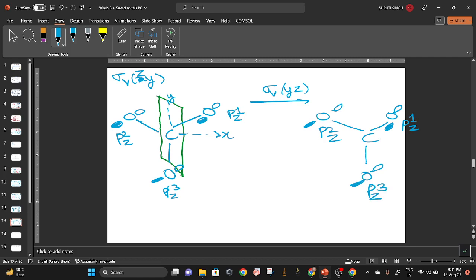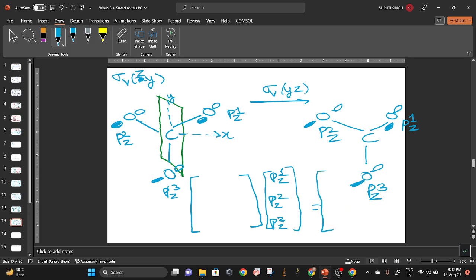This is PZ3. So how will the matrix look? Now PZ1 became, okay, I wrote wrong, this is 2. PZ1 became PZ2 without change of sign.